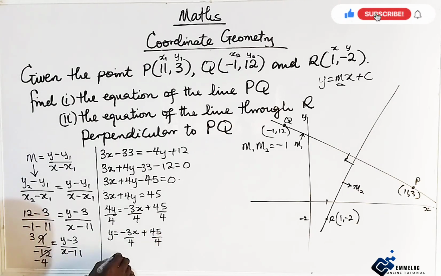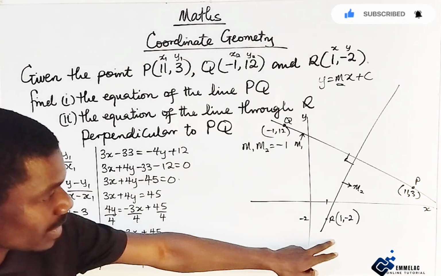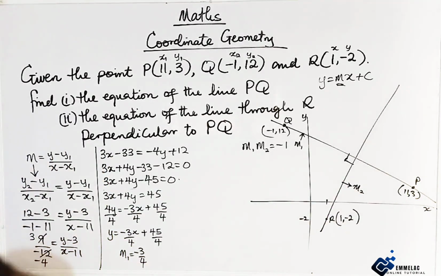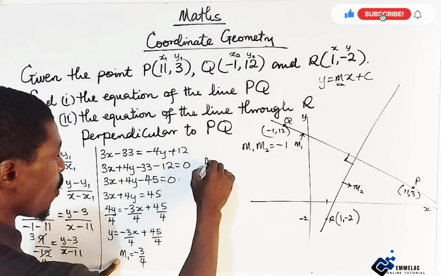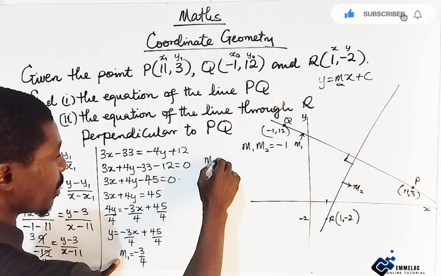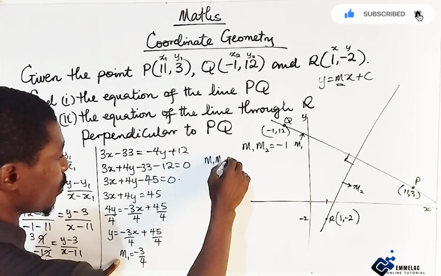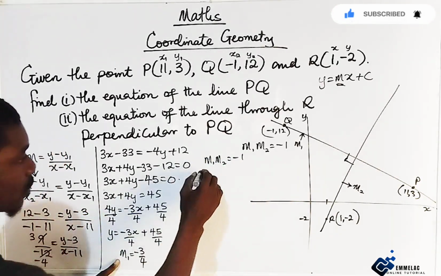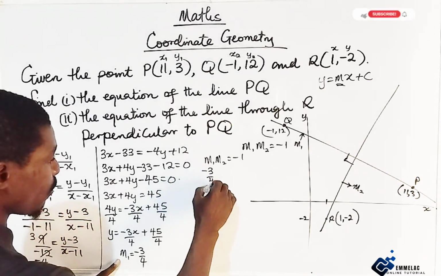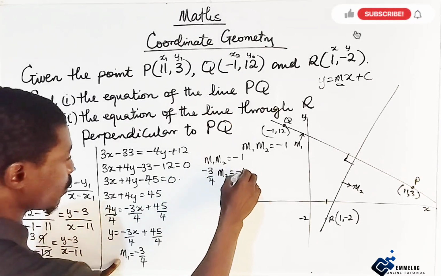So our gradient here, let's say m1, equals minus 3 all over 4. Now since this is perpendicular to this, we need to find the slope of this line through R. Since m1 m2 equals minus 1, and our m1 here is minus 3 all over 4, m2 equals minus 1.